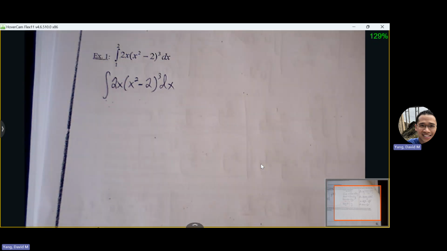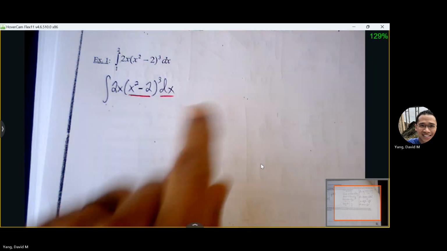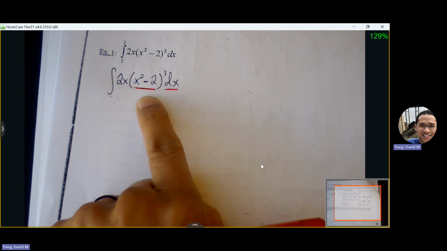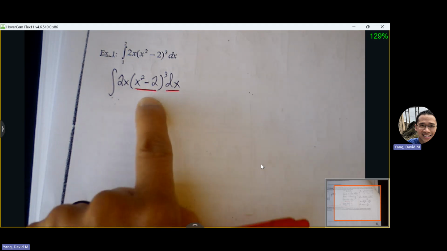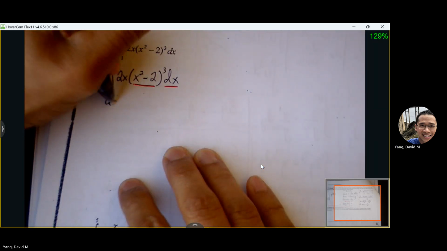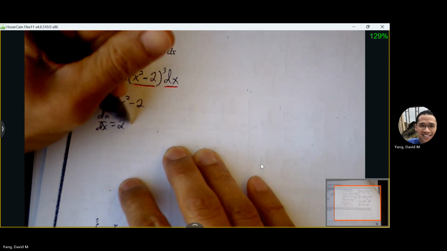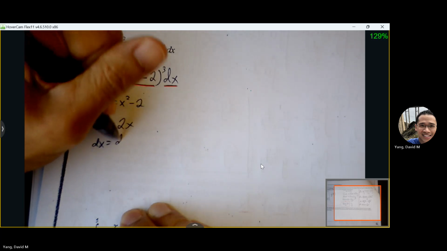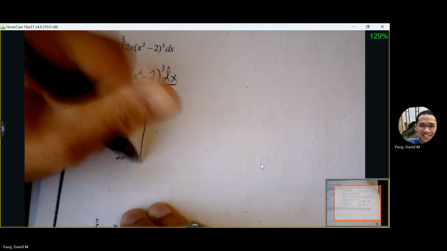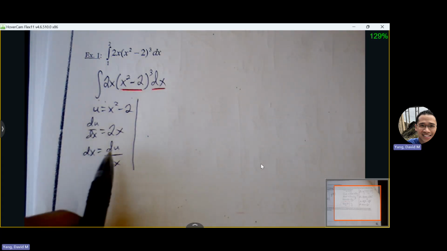U substitution works. What could be our U value? X squared minus 2. Let me underline that. And is this going to work out nicely in terms of the x's canceling out? Yes. Okay. So let's try that. Cross multiply, solve for dx.